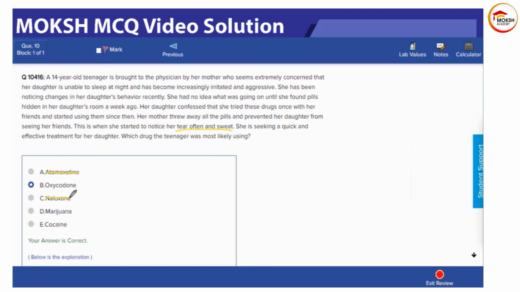Patients will not feel hungry, they will not have sleep, they'll feel dysphoric, irritable, anxious, not flu-like symptoms. Cocaine is again a stimulant, so when you withdraw cocaine, the patient is going to have a crash where he'll be depressed and sleepy and will not feel like doing anything. That is why your correct answer is oxycodone.